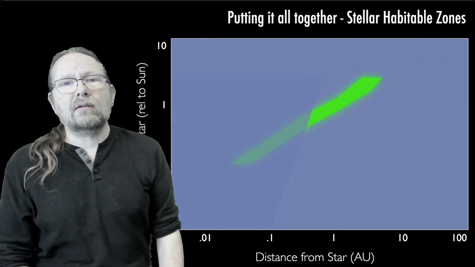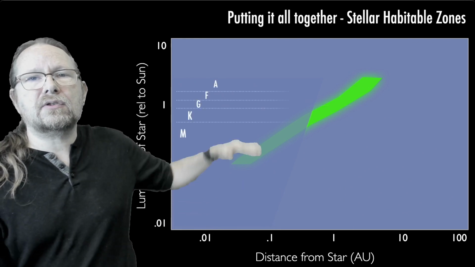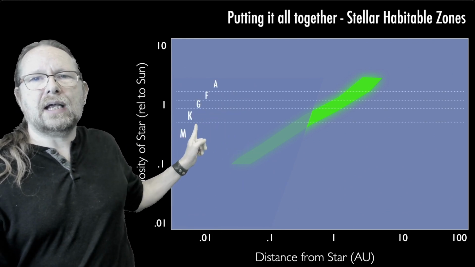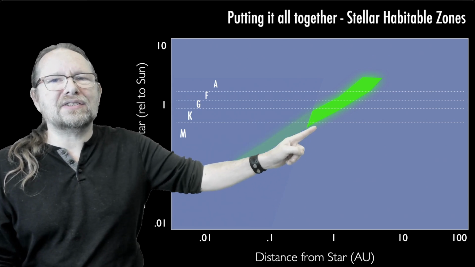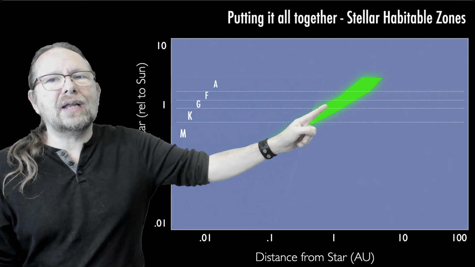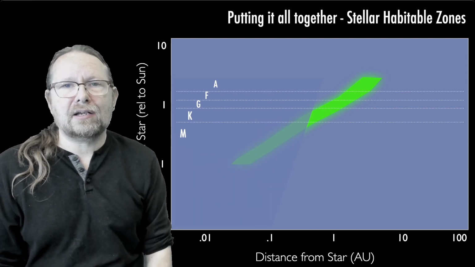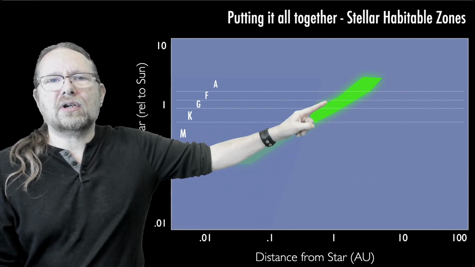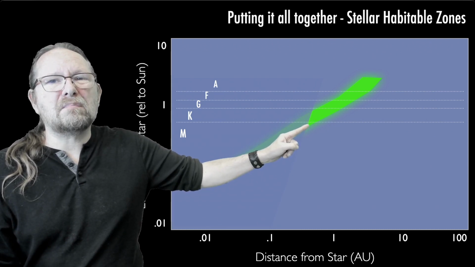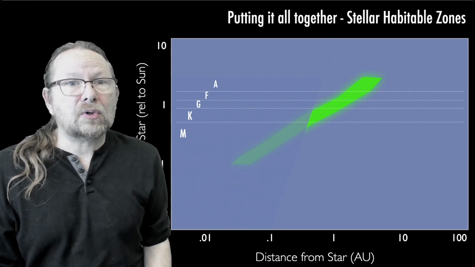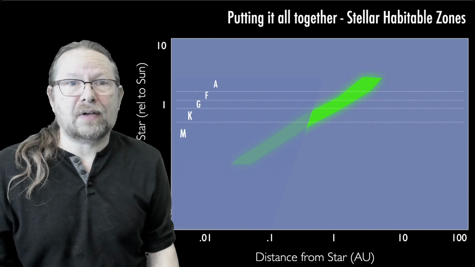If we then look at the different types of stars, G like the sun, K-type stars, it looks like the place with the biggest slice here, the biggest section of habitable zone that could be occupied, are your G-type stars like the sun and your K-type stars. The M-type stars, even though there's the most of them, you've got to be so close to them to be habitable that you cause other problems.